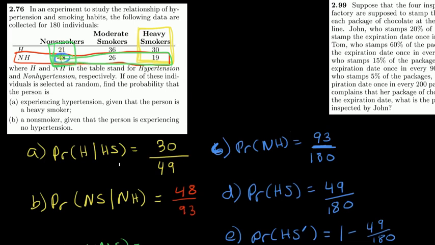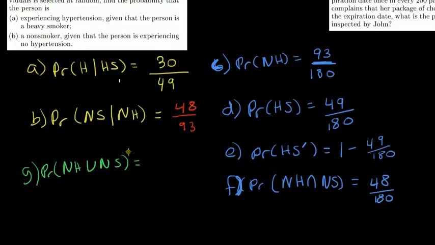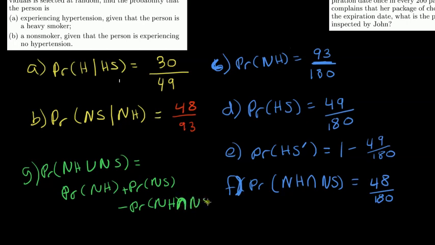So I could add 21 plus 48 plus 26 plus 19. Or I could use the equation which says that this is equal to the probability of being non-hypertensive plus the probability of being a non-smoker minus the probability of being non-hypertensive and a non-smoker.